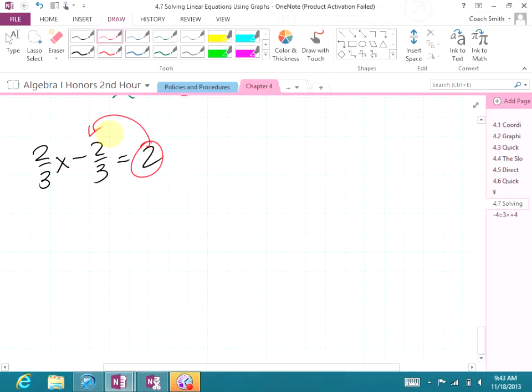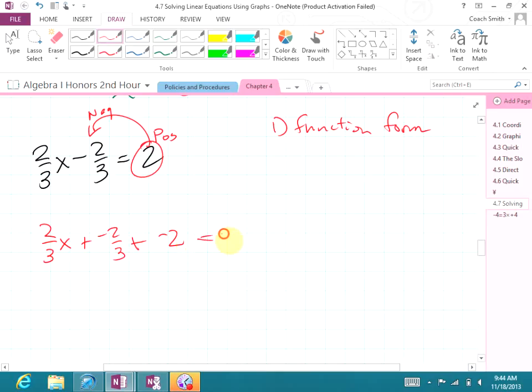Put it in function form. So step number 1 is to put it in function form. It was positive here, so it becomes a negative here. So that gives me 2/3 x plus negative 2/3 plus negative 2 equals 0.